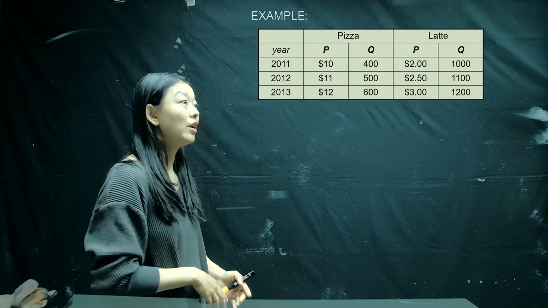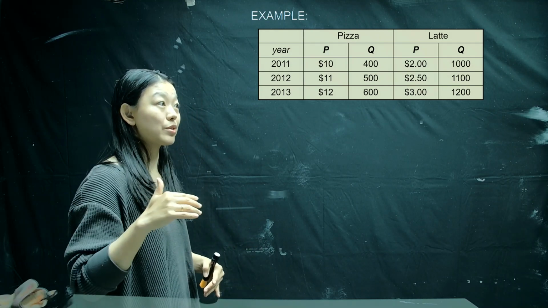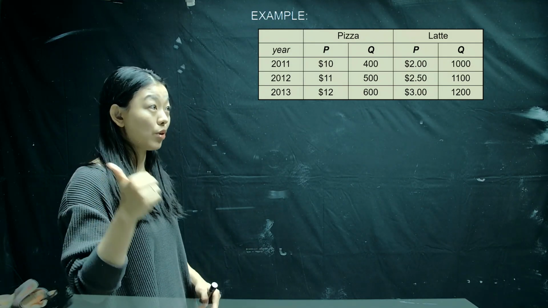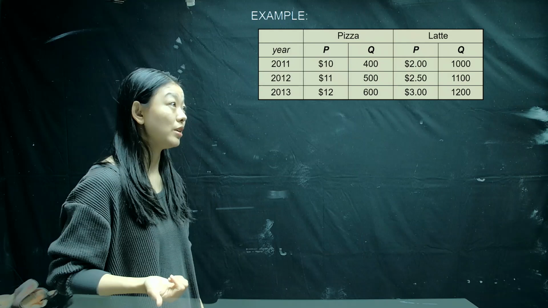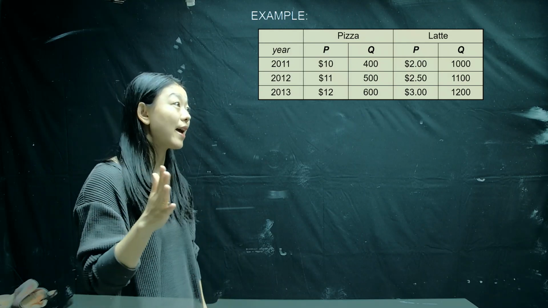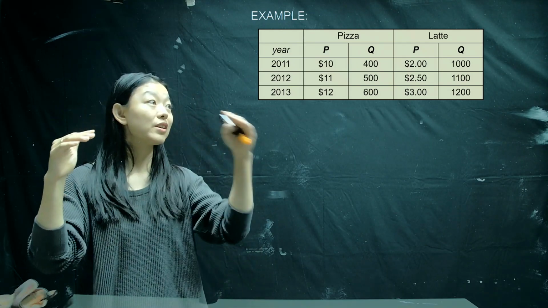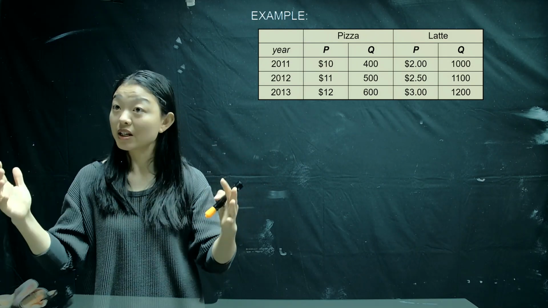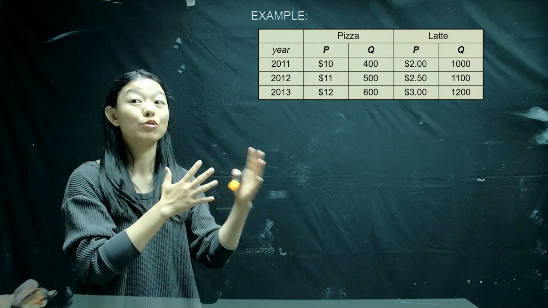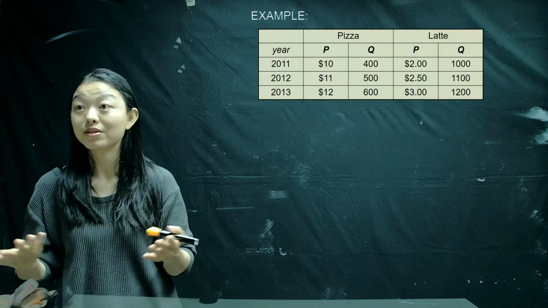Let's look at this example. It gives you 3 years: 2011, 2012, and 2013. We use two products, pizzas and lattes. For those different years, we have different prices and quantities for pizzas, and different quantities and prices for lattes.